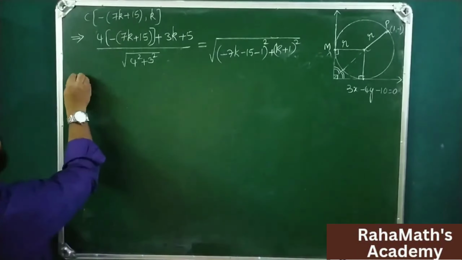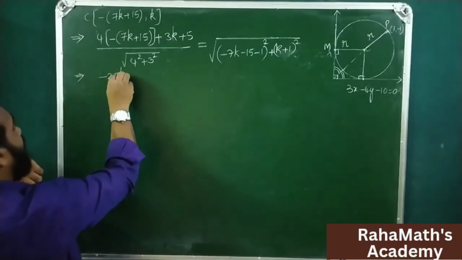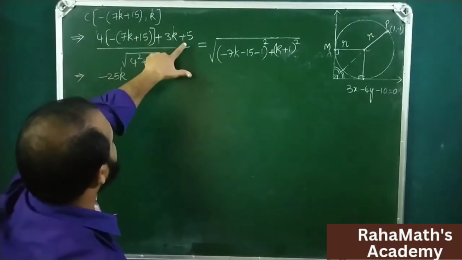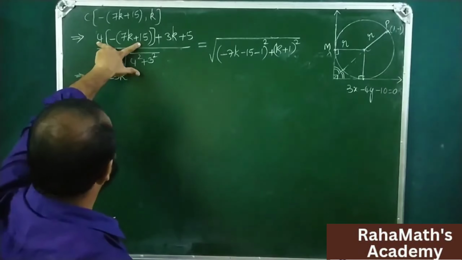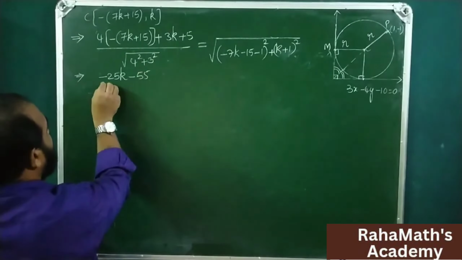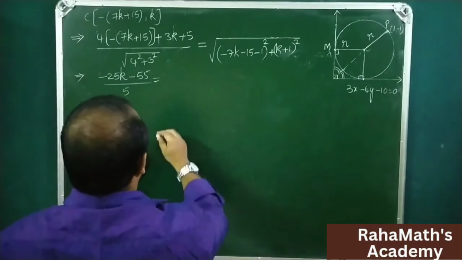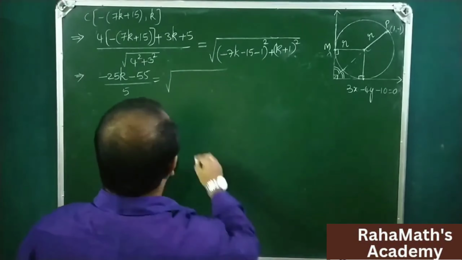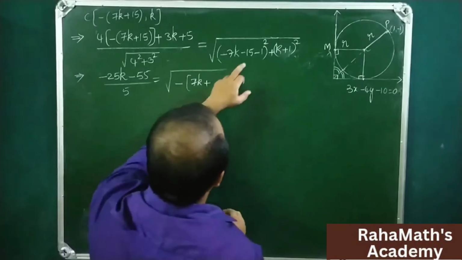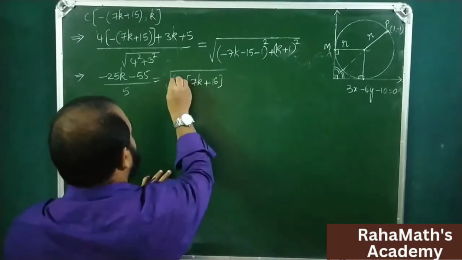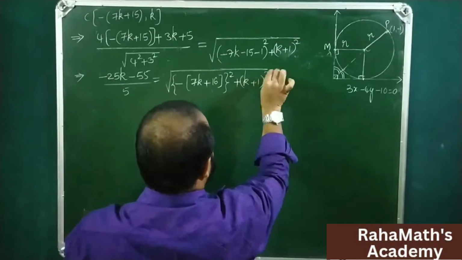Now, so this is 4 into minus 7, minus 28k plus 3k, minus 25k, 4 15s with minus, so minus 60 plus 5, minus 55 by square root of 4 square plus 3 square, root 25, which is 5, is equal to, so this is square root of, if you take minus as a common, then 7k plus 16 whole square plus k plus 1 whole square.